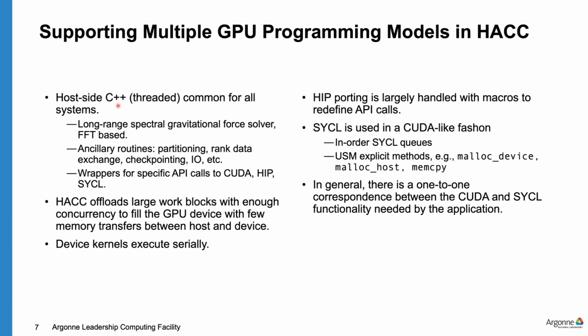It's C++, threaded. It's doing the long range spectral solver, which is FFT based, so our FFT is all run on the host. All of the ancillary functions, such as partitioning data, the rank data exchanges, and checkpointing IO, happen on the host and are common for all the systems that we run on.